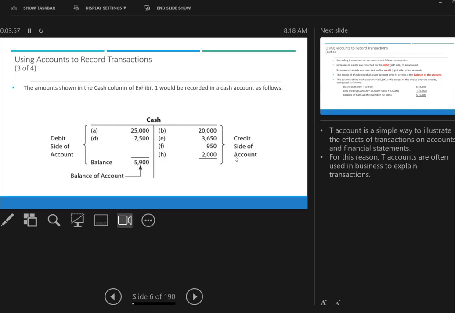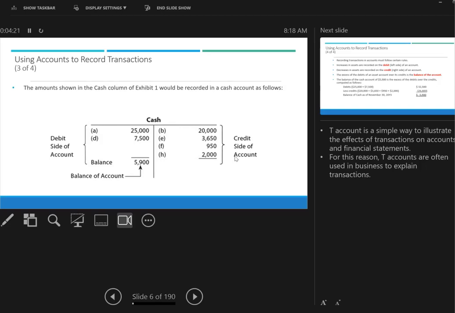The transaction F, we used up $950 in cash. And in H, we used up $2,000 in cash. So if we total the debit side and we total the credit side, we end up with a debit balance of $5,900. Does that make sense?